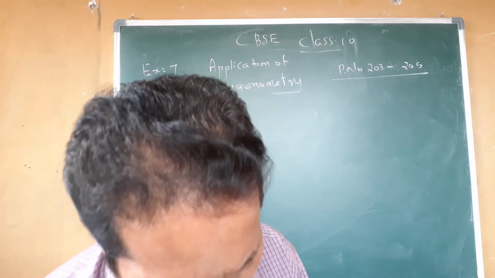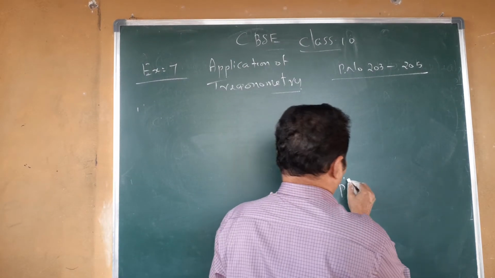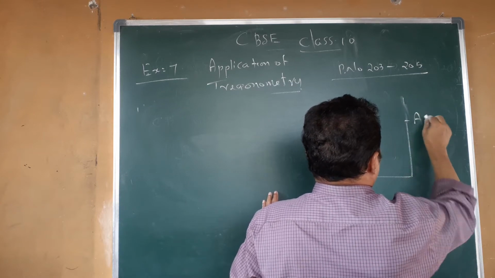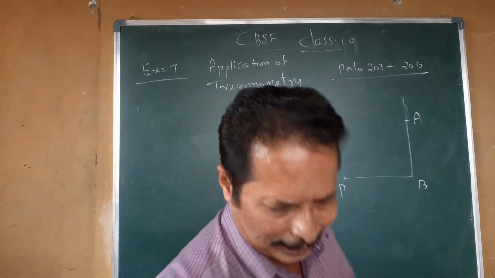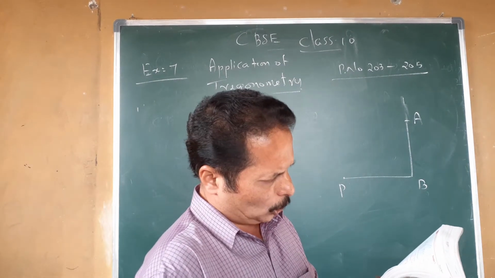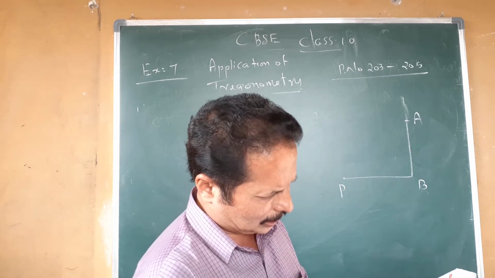From a point on the ground, let us look here. The point is P. And this is the transmission tower. AB is a building, and at the top of the building a transmission tower is fixed.